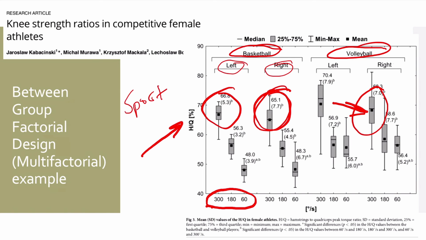So this study is just another example where they looked at multiple factors, in this case three: one with two levels, which was sport, one with two levels, which was side of the body, left or right knee, and then three levels on the third factor, which was the speed at which they were tested. So again, we can see examples of between group factorial designs really throughout the literature.